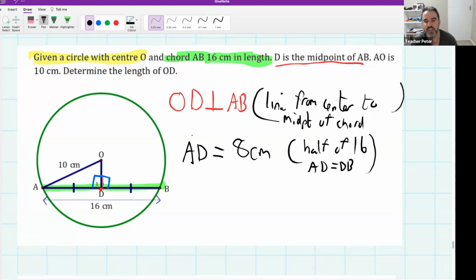We know it's half. So then we know that this is 8. Can you work out what OD is for me? What thing do you know about right-angled triangles that can maybe help you get this one? Exactly, Pythagoras. Can you work out what OD is for me, Tsafang? And then I think we're going to call it a night for tonight.